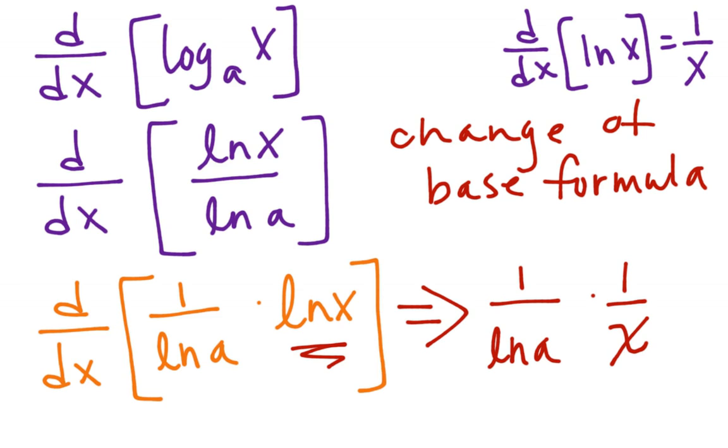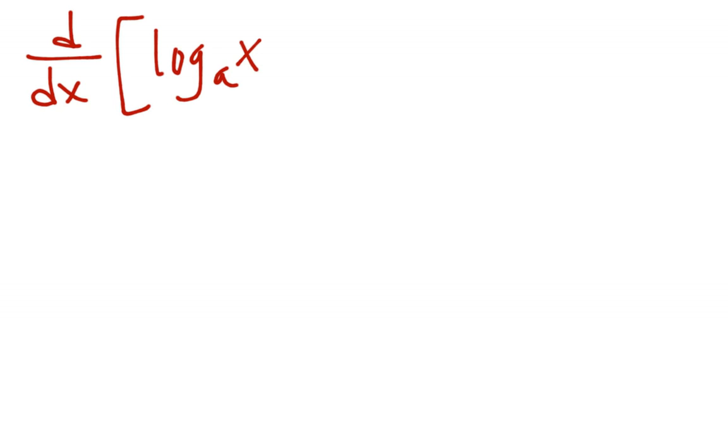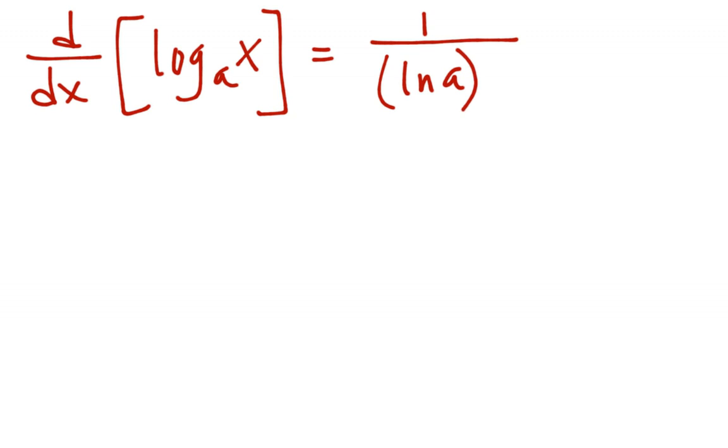That's it. Alright, so it looks like this. The derivative of log base A of x is equal to 1 over ln A times x.